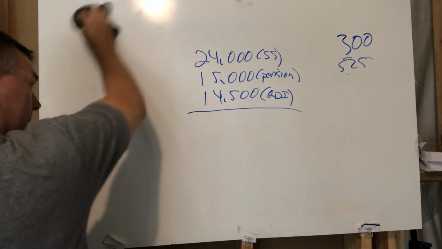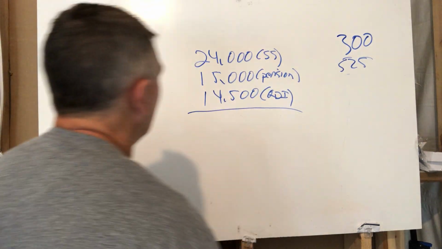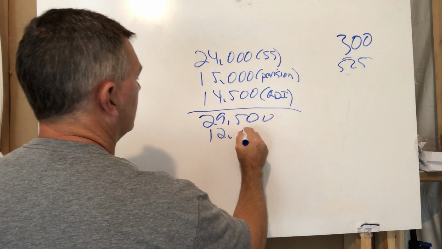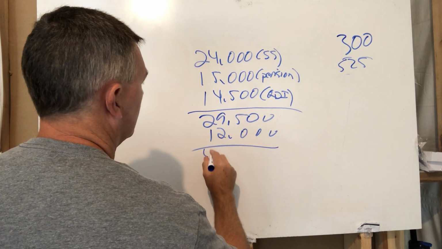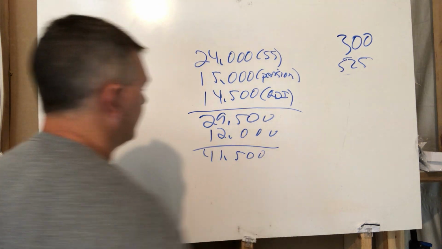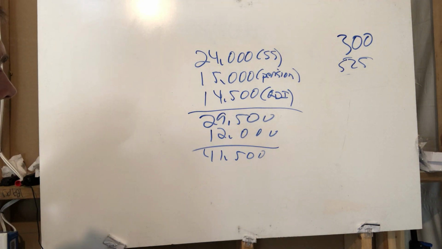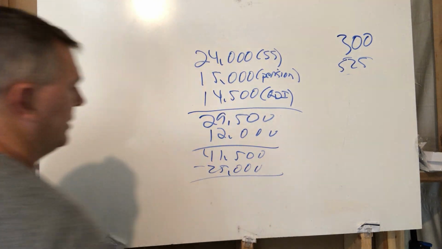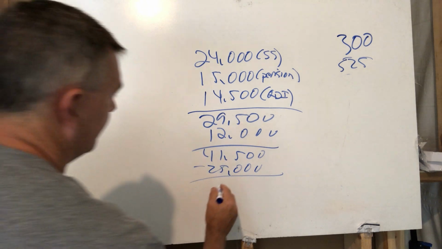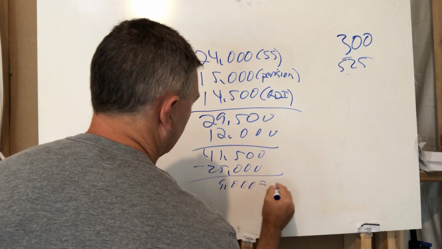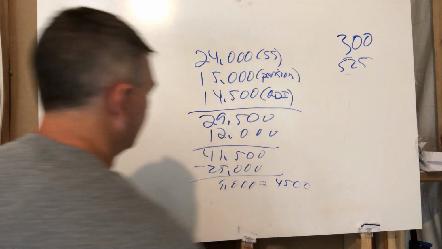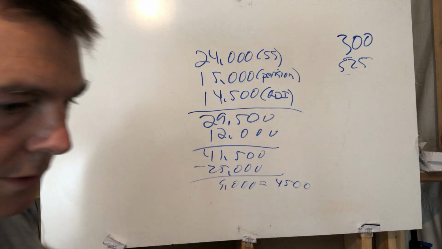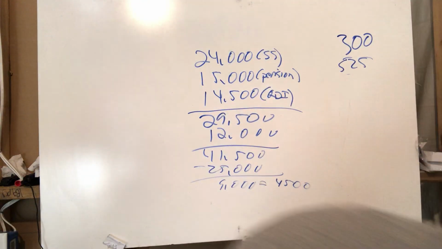So we got 29.5 plus 12. Is that 41,500? All right, now we're getting someplace. 41,500 minus 25,000 leaves the next 9,000, and 50% of that is 4,500.